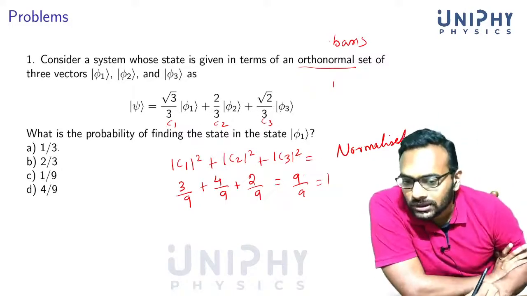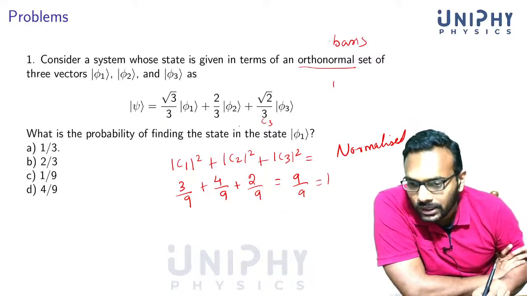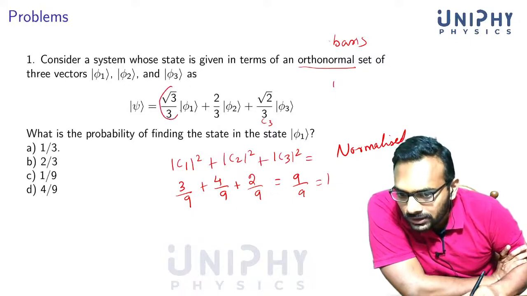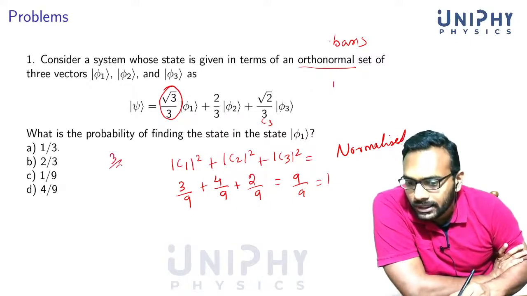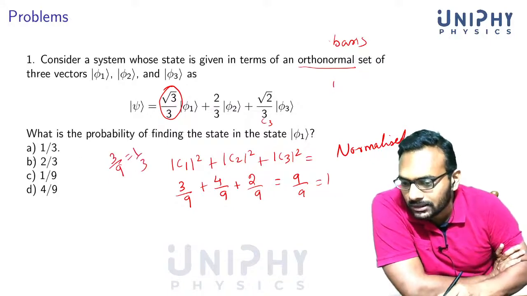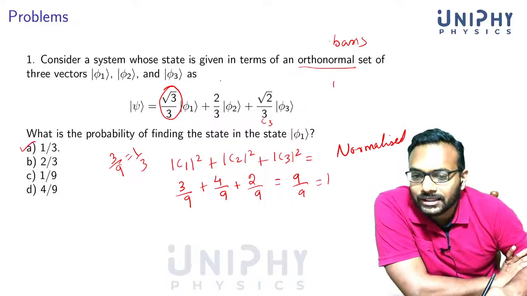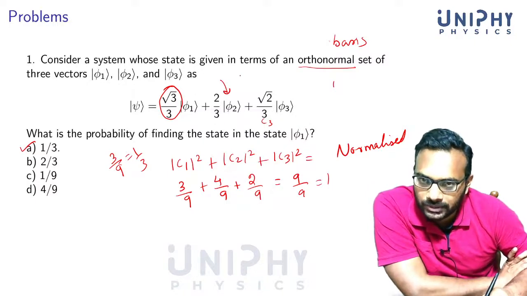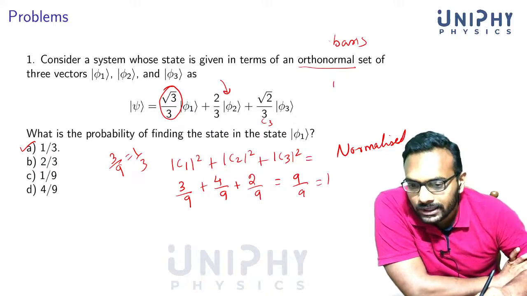So the question: what's the probability of finding the system in state phi 1? It's modulus of C1 squared. That would be 3 by 9 or 1 by 3. So this is the correct answer. Now, if you are asked what's the probability of finding the state in phi 2 after making the measurement of the corresponding observable, then the probability would be 4 divided by 9.